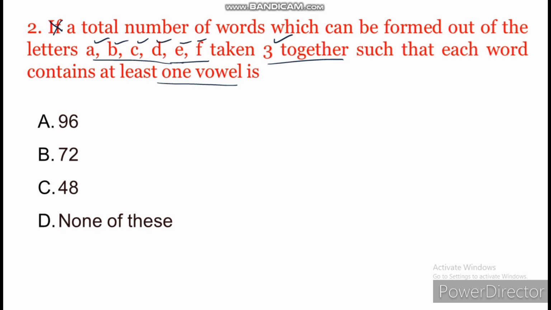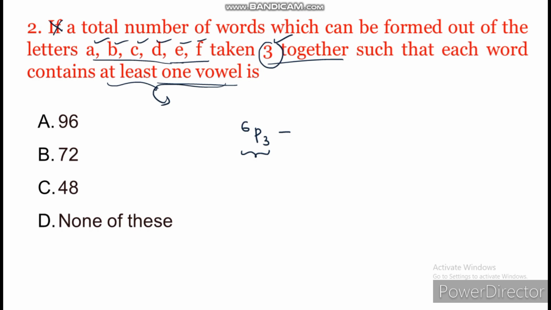And they have given at least one vowel. Out of the 6 we need to arrange 3. So this is the total number of permutations. Out of that I will subtract the permutations which do not contain a vowel at all, because they have asked for at least one vowel.